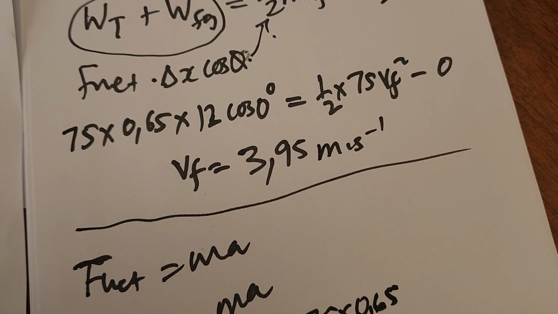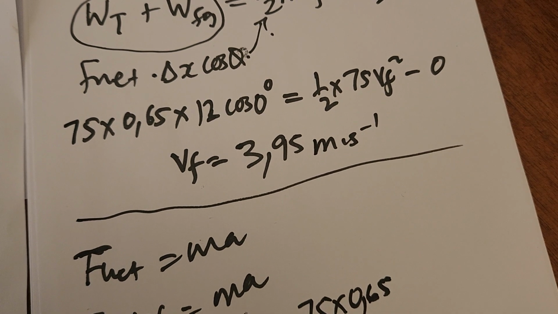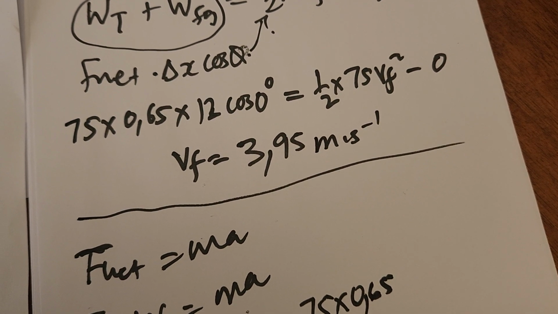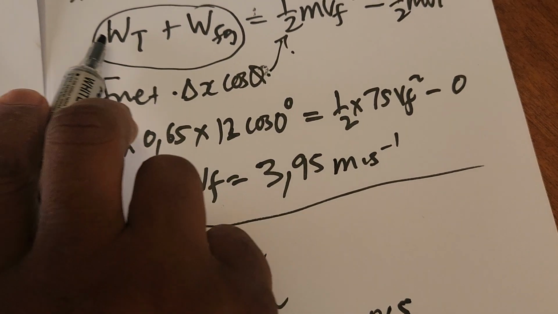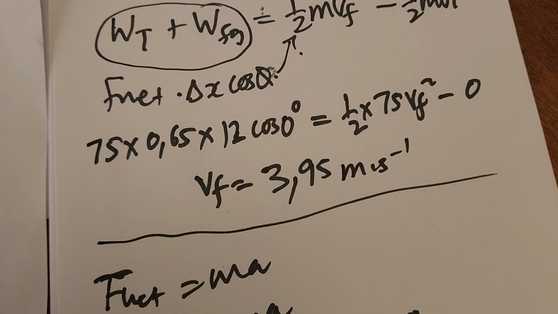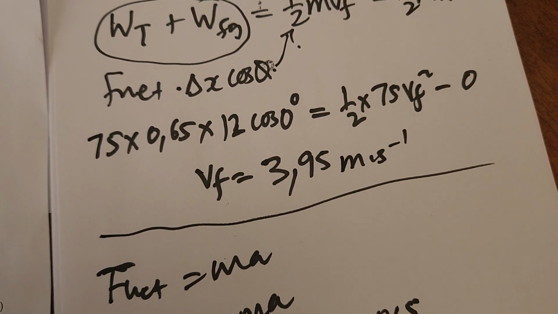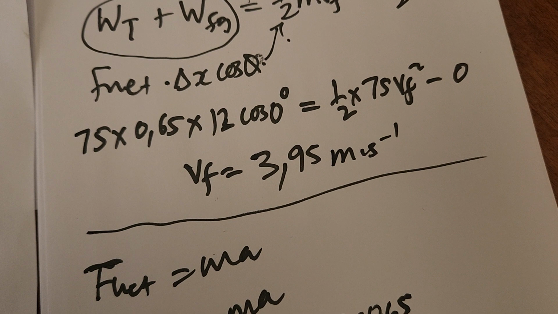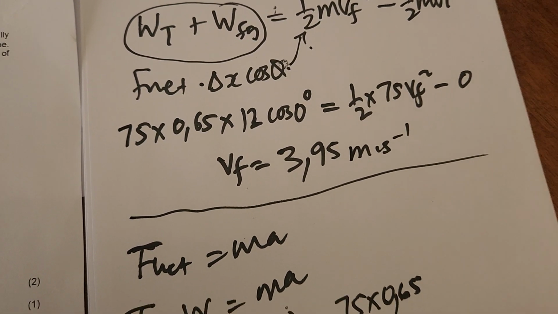You first find the tension, which will be somewhere around 783.75 Newton. Then once you know the tension, you can come back to this one and say work done by tension. Then you are going to subtract the work done by the weight that we calculated, which is 8820.